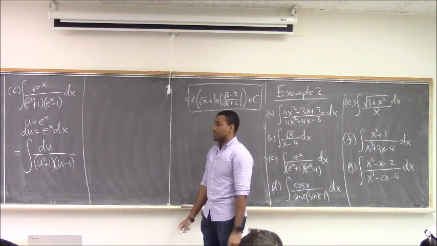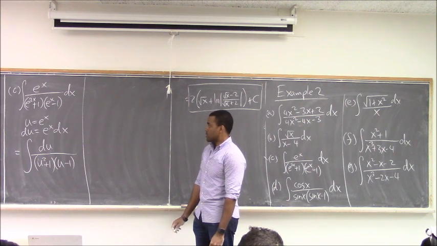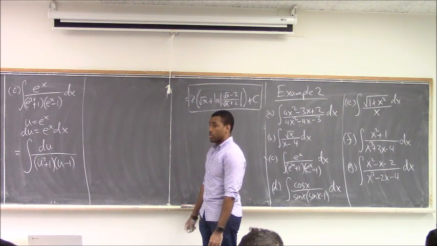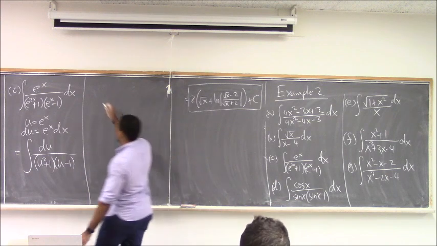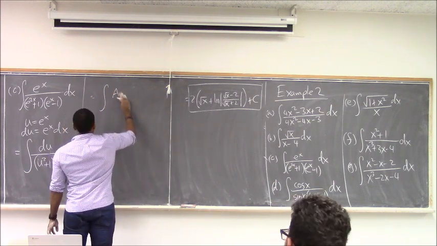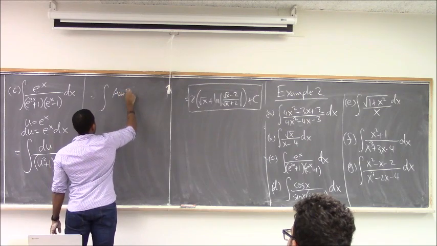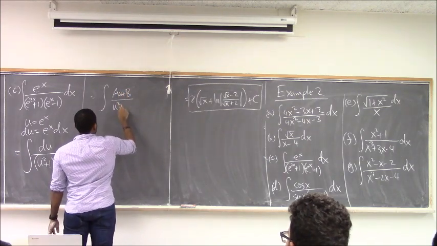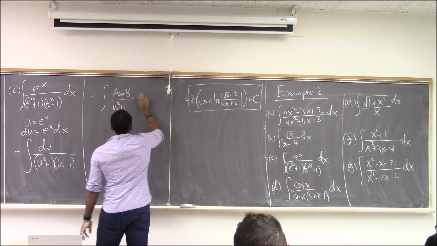Yes. Split it up into two fractions. So how did it go? Like ax plus b over x squared plus 1. Well, au plus b. That's c.